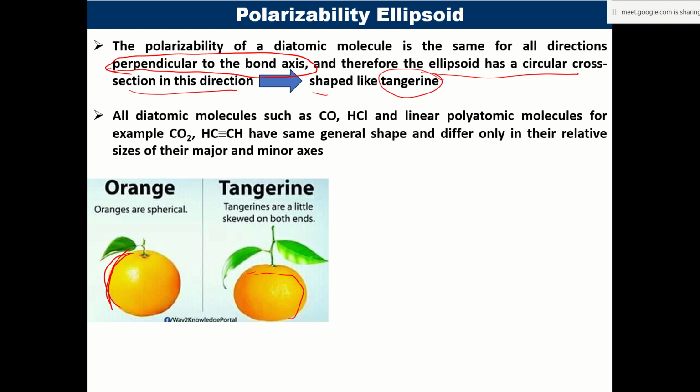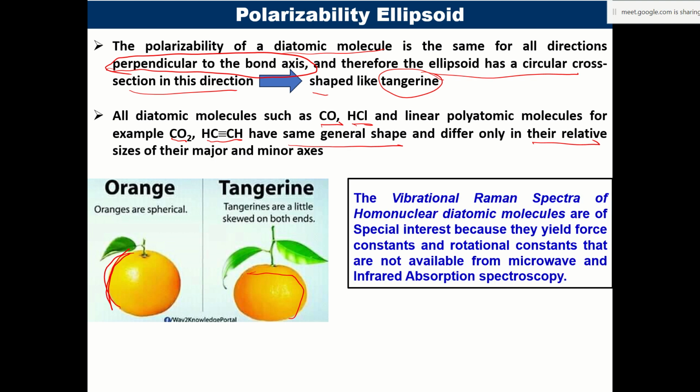So for all diatomic molecules the appearance will be something like that. For all diatomic molecules the polarizability looks like a tangerine. That's what we say. So CO, HCl, that is a diatomic molecule like that, or any other polyatomic molecule, CO2, ethylene, have the same general shape, and they only differ in the size of the major and minor axis.